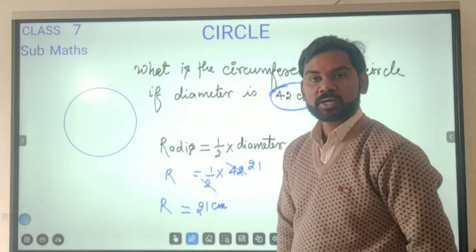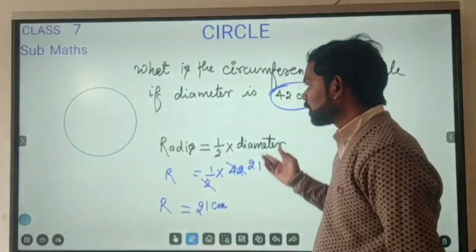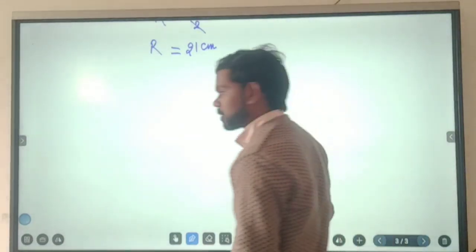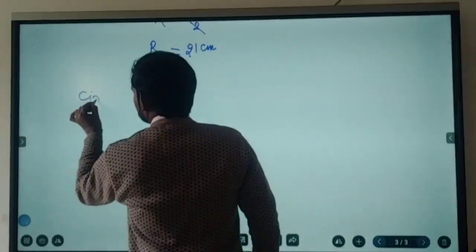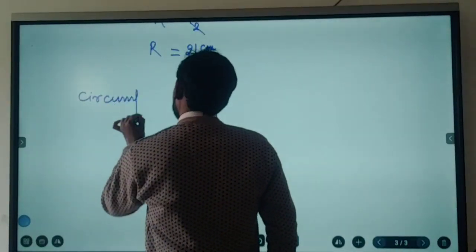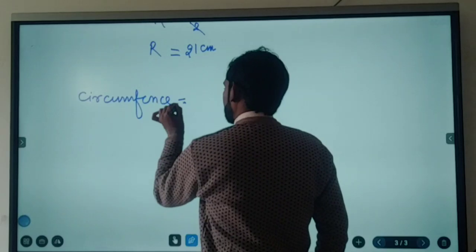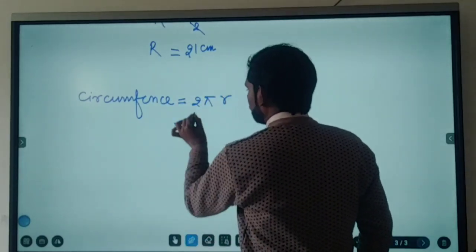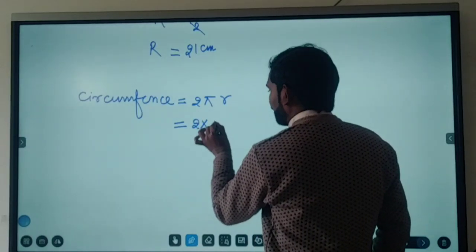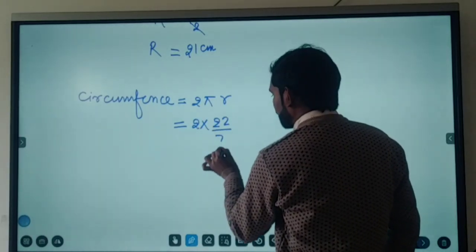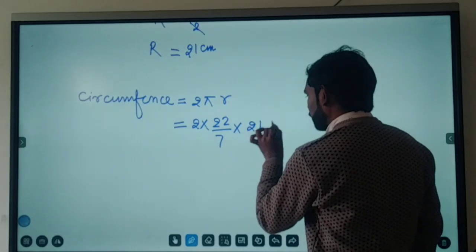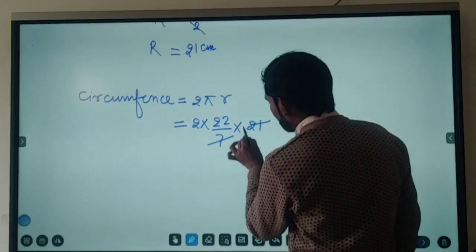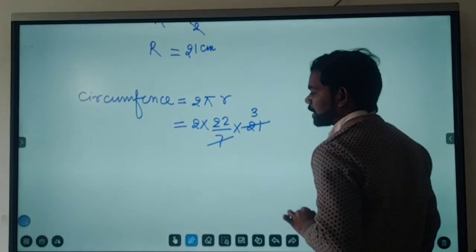Now we can easily find the circumference of the circle. Circumference is given by 2 pi r. So we put the value 2, the value of pi is 22 by 7, and r is 21. On simplifying, 7 divides 21 in 3 times.